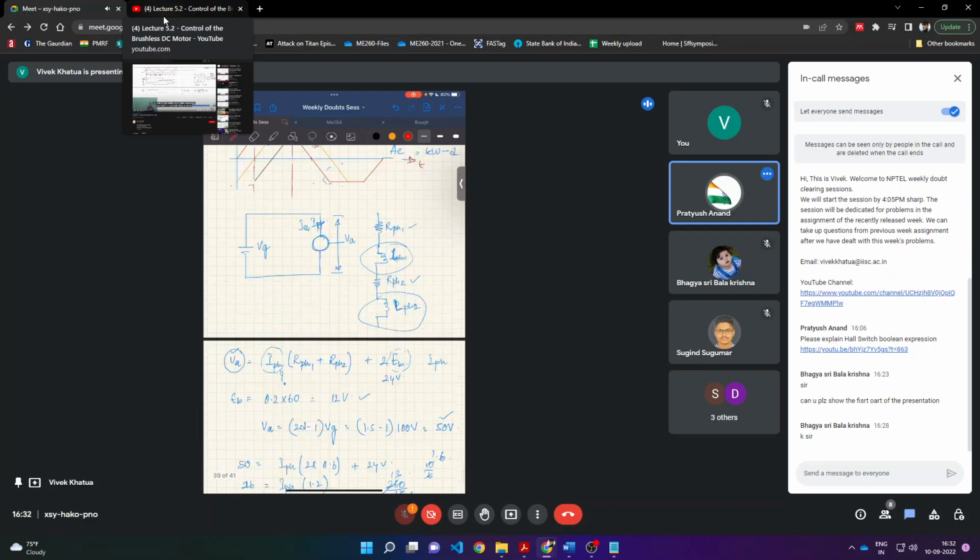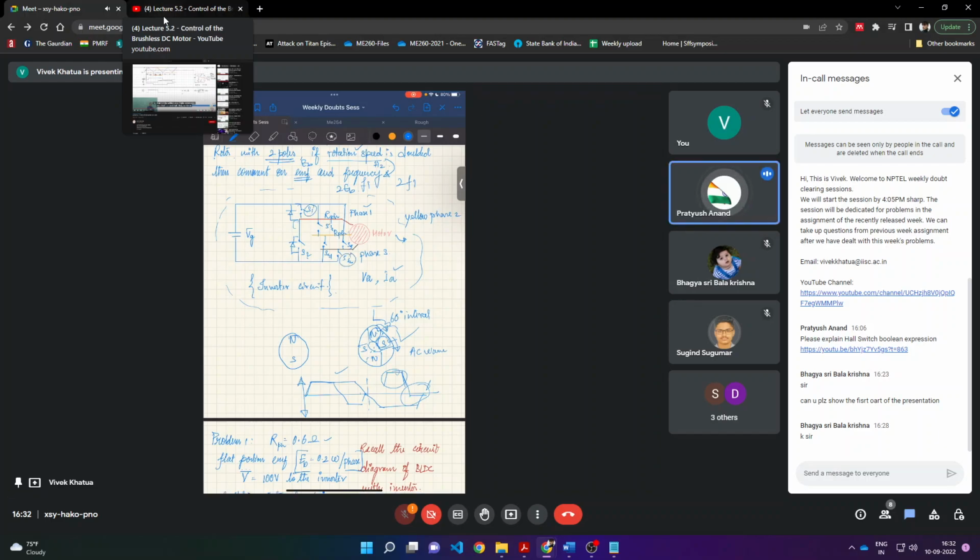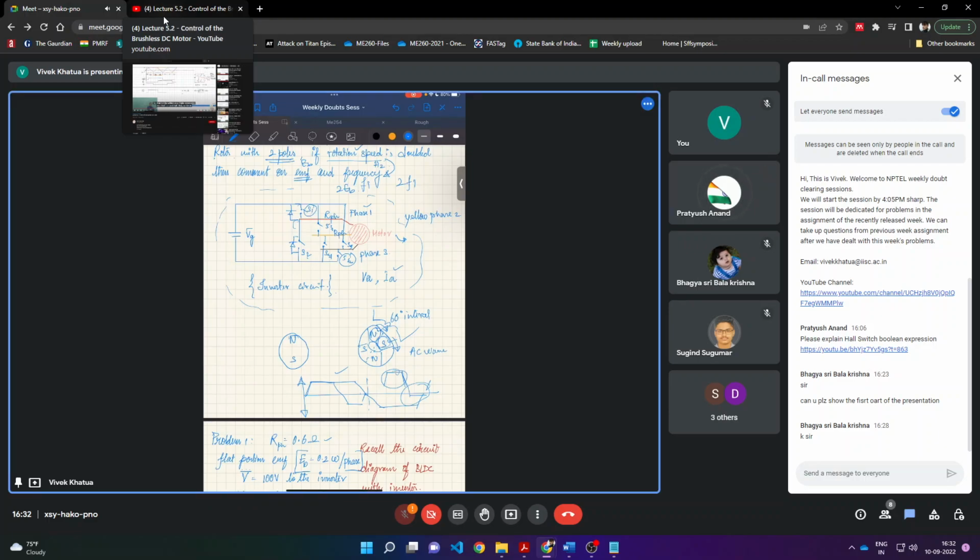Okay, Pratyush, listen to this argument that I've put. My switches are like this: S1, S2, S3, S4, S5, S6. 1, 3, and 5 are the top legs of the three phases. 2, 4, 6 are the bottom legs of the three phases in the same order, respectively.